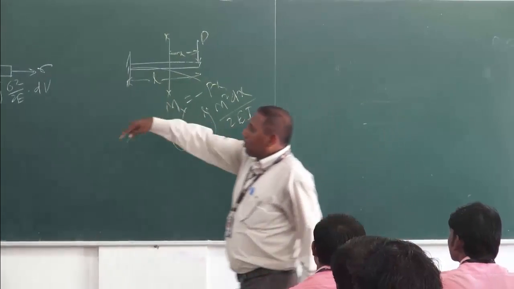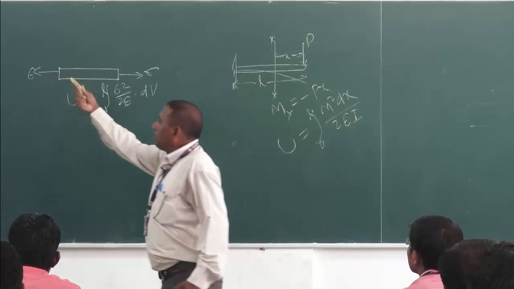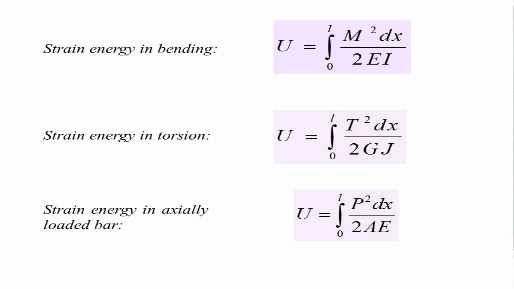Similarly, when torque is applied, as you have studied in the torsion chapter, M is replaced by torque T, E is the Young's modulus, here it is shear modulus, I is the rectangular MI, and J is the polar MI here.